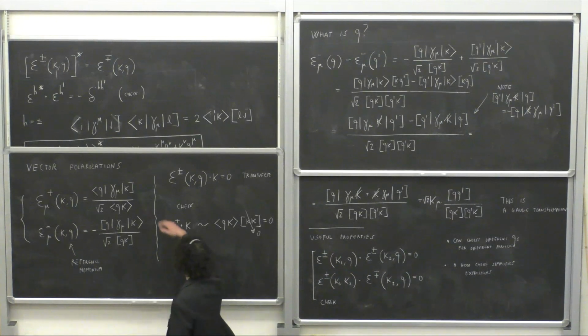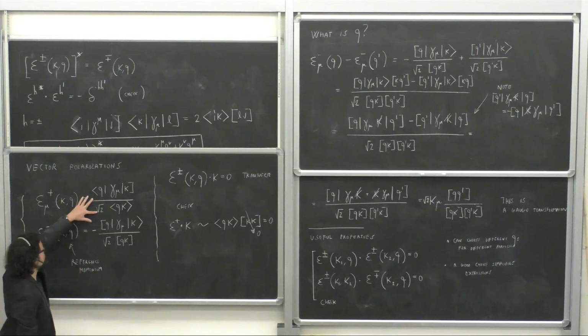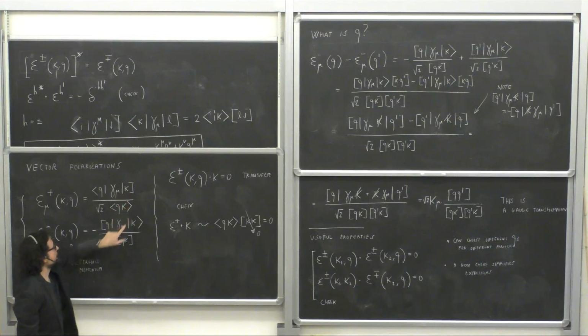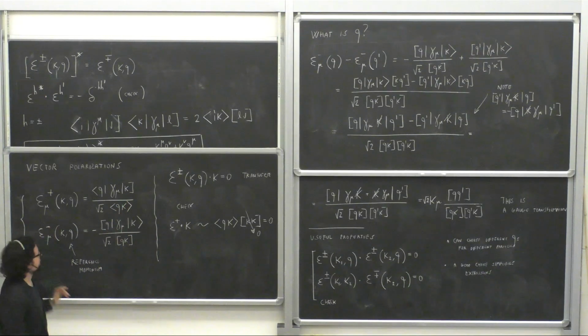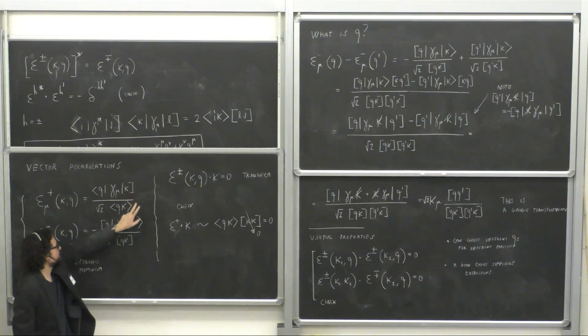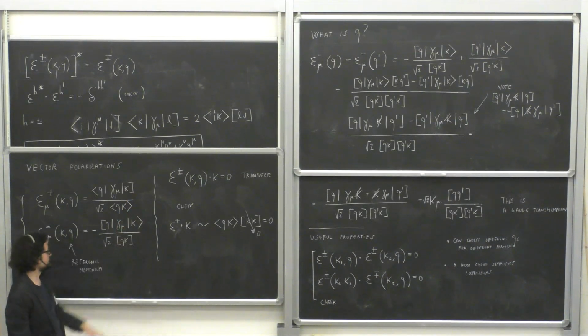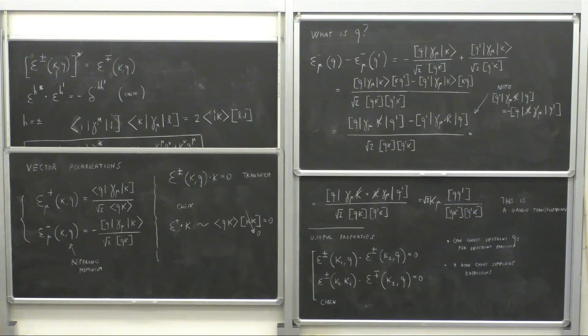If I use a transformation for Q, there is no change. For K, it has weight 1, coming half from this and half from this, which have opposite weight. So you can see these two indices obey different transformation rules. In fact, the job of these polarization vectors is to go from Lorentz transformation to little group transformation, which is a subset of the Lorentz transformations. You've seen this if you do stuff out of Wigner. Yeah.